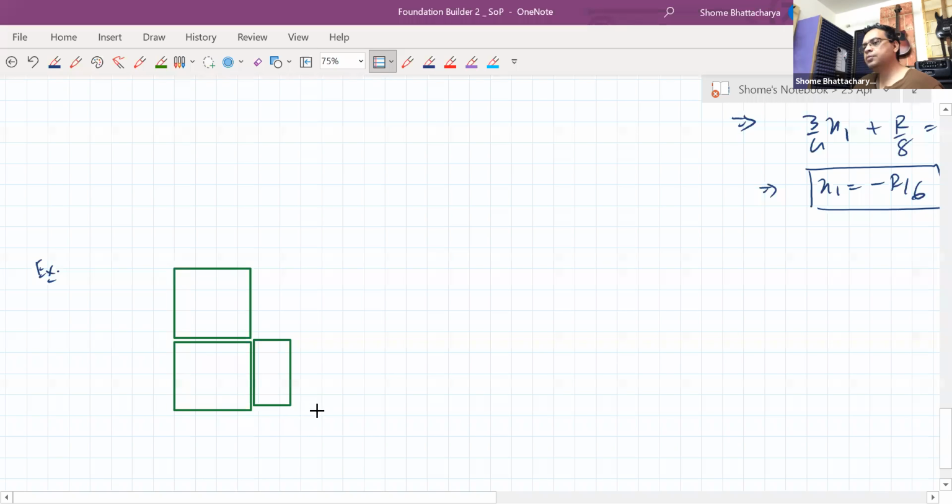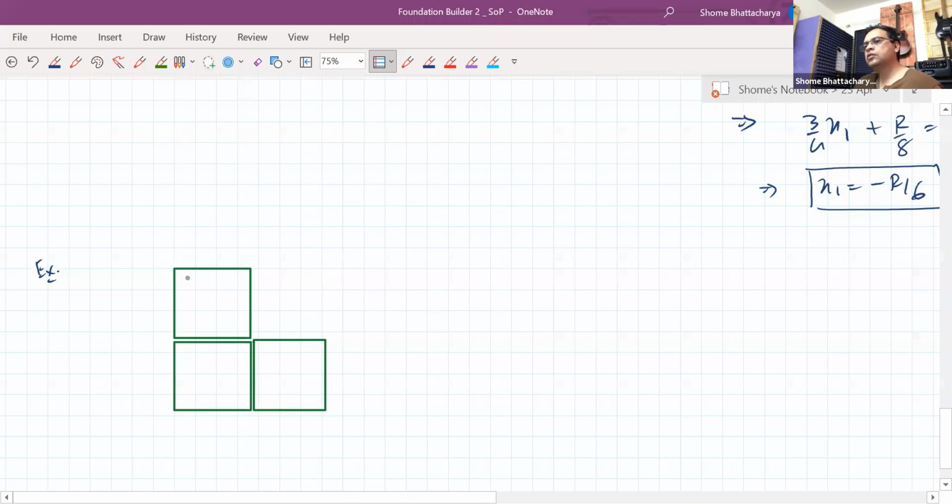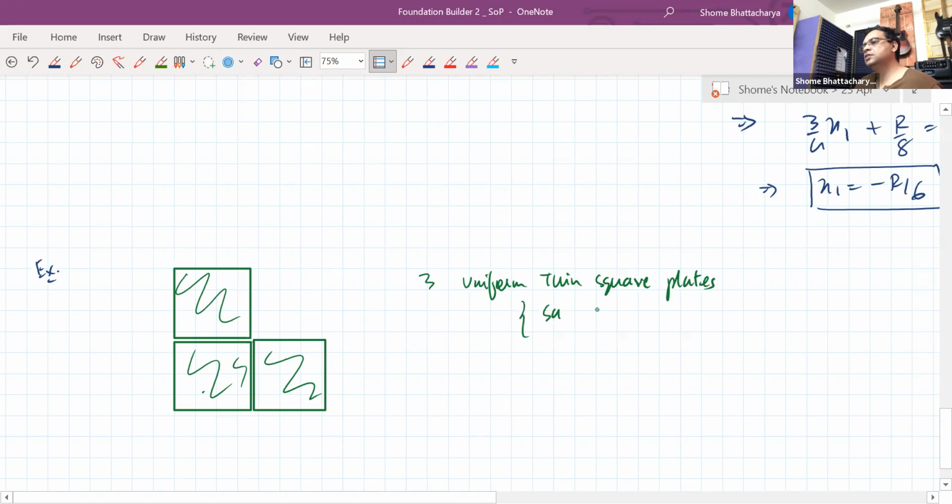So I have 3 square plates made of the same material, of same thickness and same density. Okay, so they should be exact actually. Anyhow, so I have these 3 square plates placed like this. So 3 uniform thin square plates, same material and thickness.